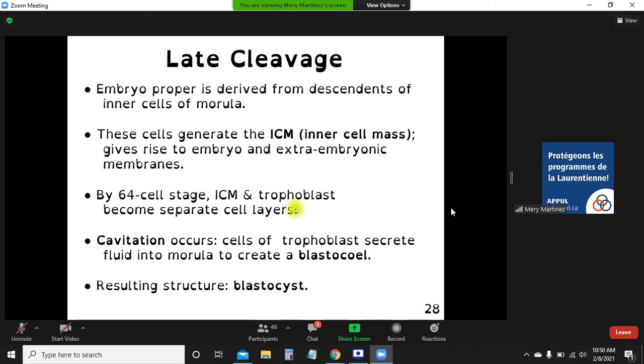By using those pumps, they create an osmotic gradient that draws water in to create the blastocele. The resulting structure is the blastocyst, yet another structure unique to mammalian embryogenesis. We haven't seen that in any of the other groups.